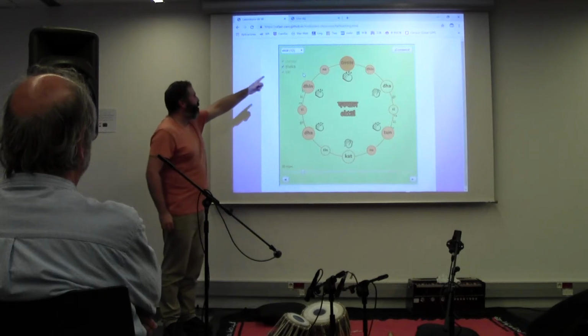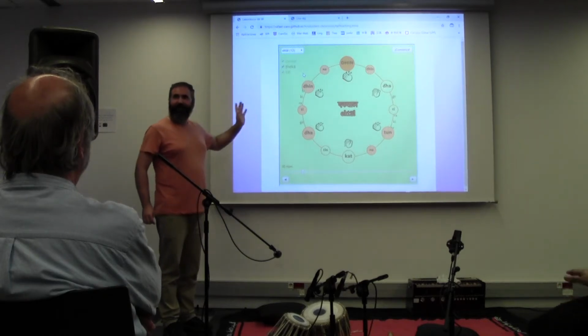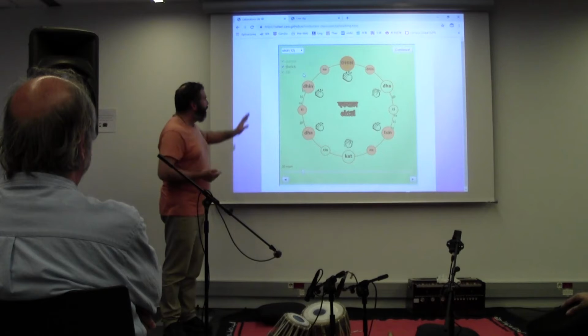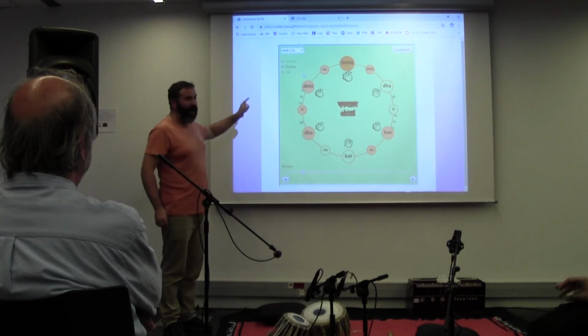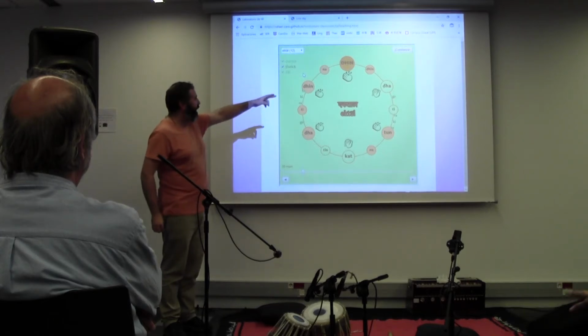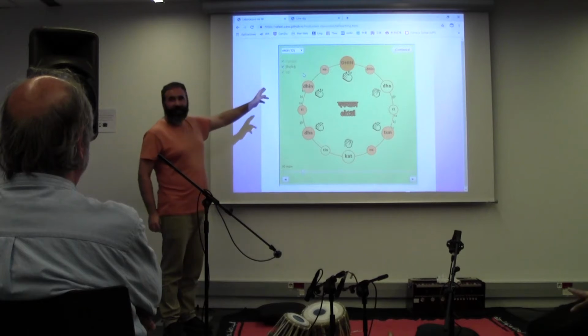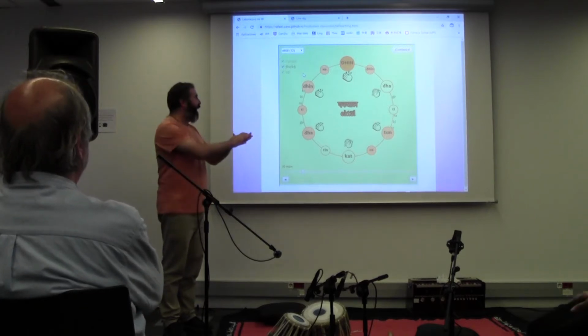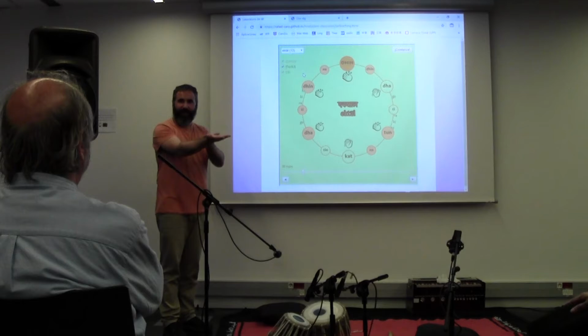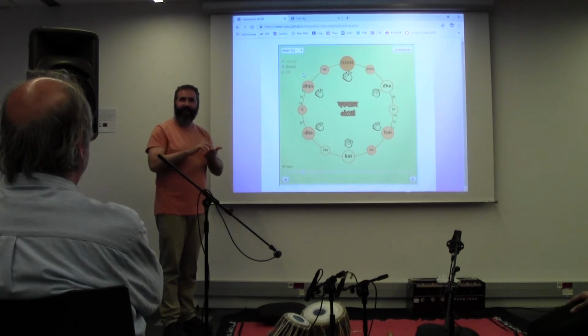Now we have 12 matras, grouped in 6 vibhag. And then the first is tali, khali, tali, khali, tali, tali. Right? So they could be 1, 2, 3, 4, 5, 6, 7, 8, 9, 10, 11, 12, 1.